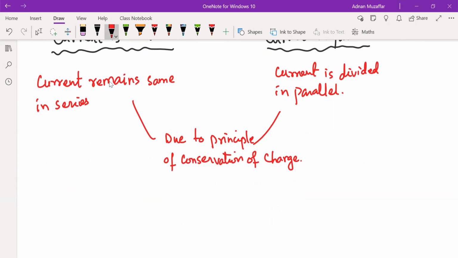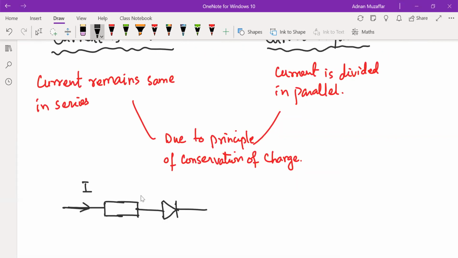For example, if we talk about a series combination, suppose this is a wire through which current is flowing and there is a component here, maybe one resistor, and maybe one diode.